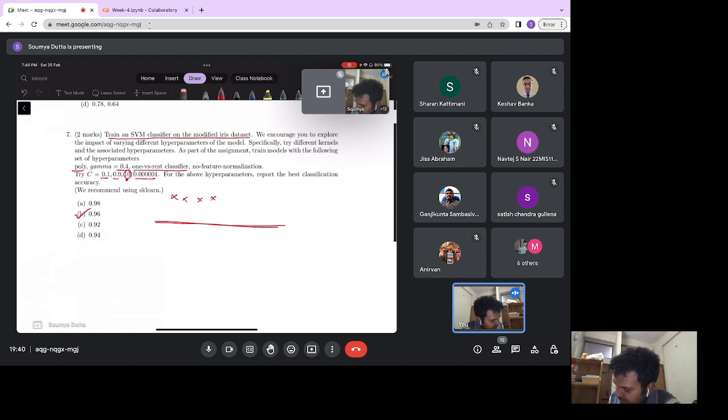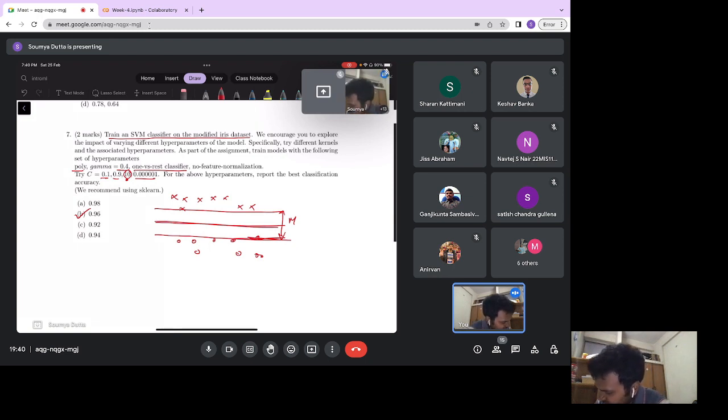If you have classes like this, and your data points are something like this, then the normal SVM would say that all of my points will be on the correct side. This is your margin, and this is your decision boundary. This is the thing that you learn in SVM.